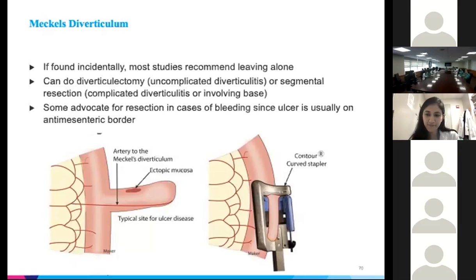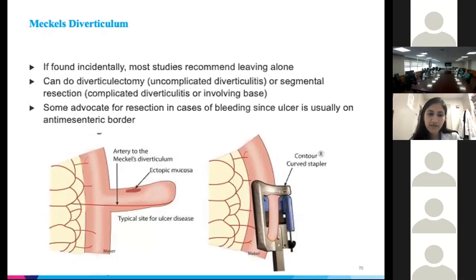What characteristics of the diverticulum will make it likely for you to resect because you think it's probably going to be associated with a 20-30% incidence of subsequent complication? I'm not sure. So if they have a narrow neck.